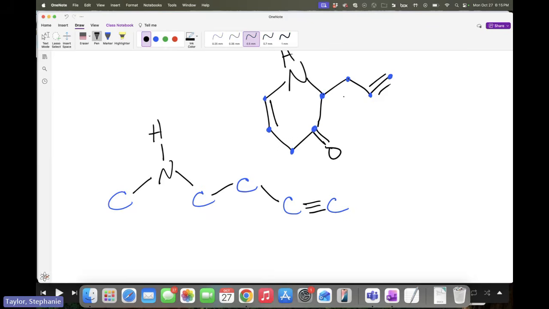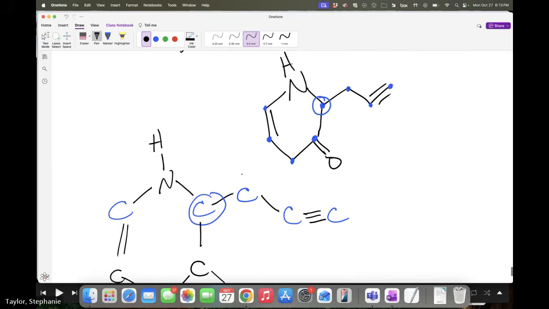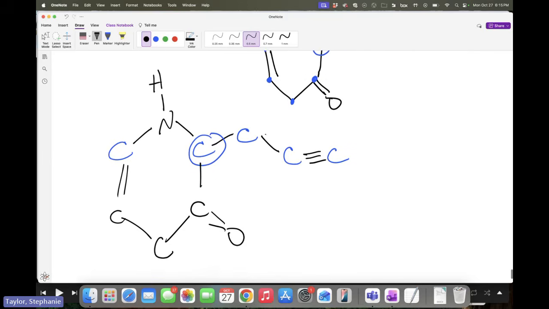Then this carbon is a single bond to another carbon with a double bond to an oxygen, carbon, carbon double bond. There we go. So I'm not finished yet, but now I have my skeleton.